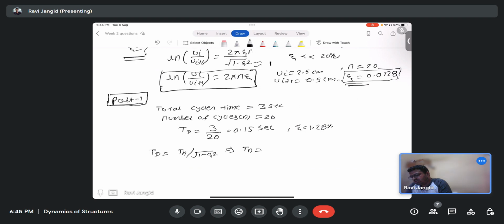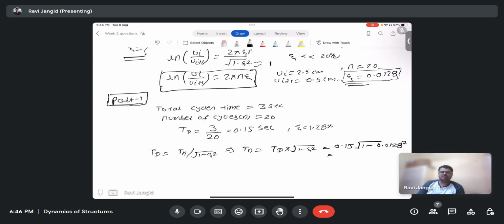TN would be TD times square root of 1 minus xi square. So TD, keep it 0.15, and 1 minus 0.0128 square. Can you find out what I'm getting, Tn? 0.14998.